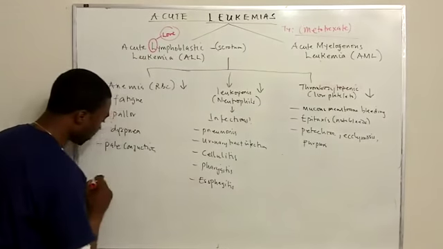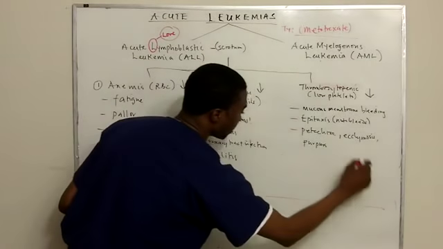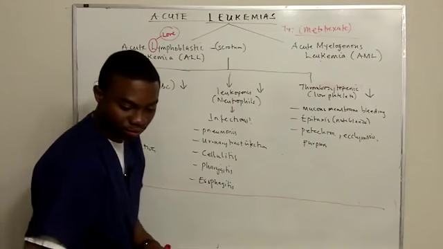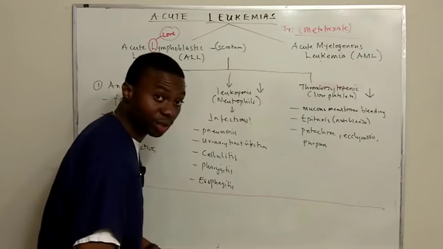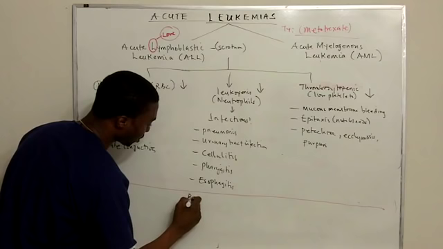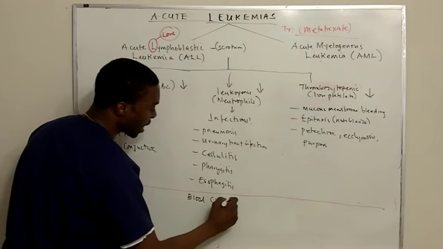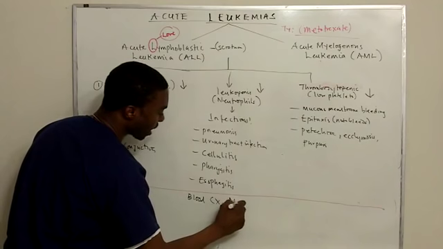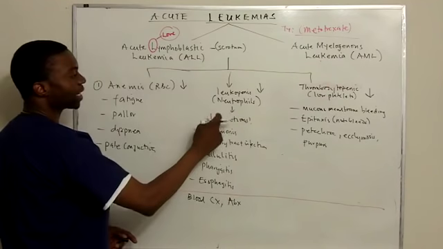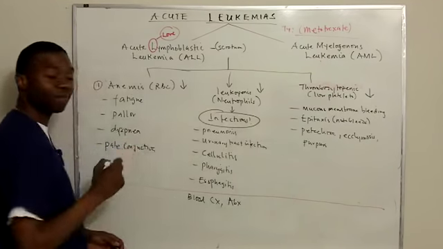So I'm going to put treatment under here, and the treatment is going to fall under each of them. So in treating, you want to order blood cultures, and you want to give them antibiotics to be able to fight any kind of infections.